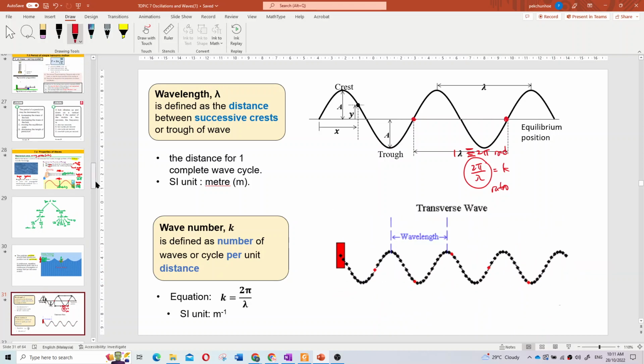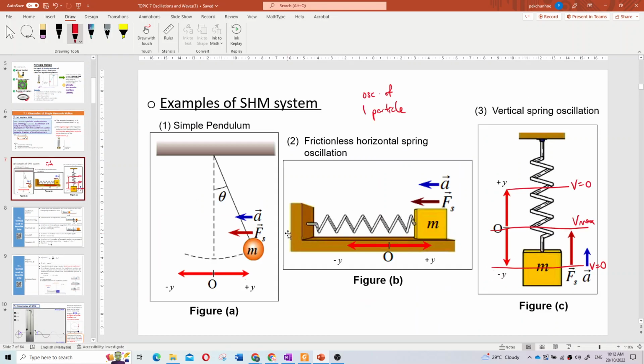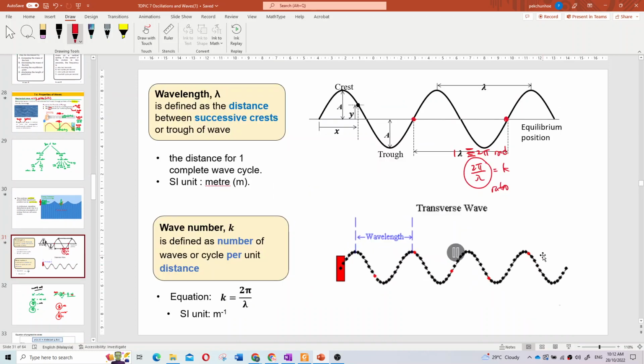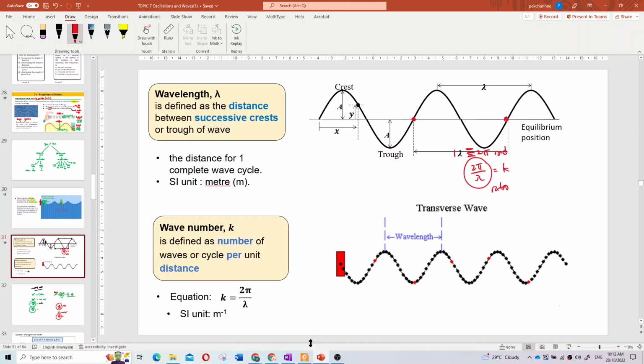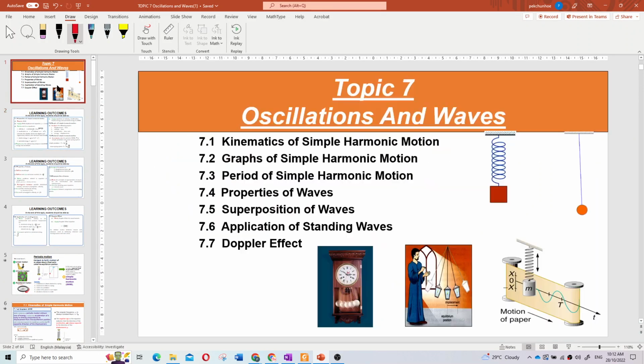Okay, so previously in simple harmonic motion, we just talked about oscillation of just one particle. Now we have many particles, right? Not just one. So this chapter, if you look at here, 7.1 to 7.3 is about simple harmonic motion. 7.4 and 7.5 is about mechanical wave.